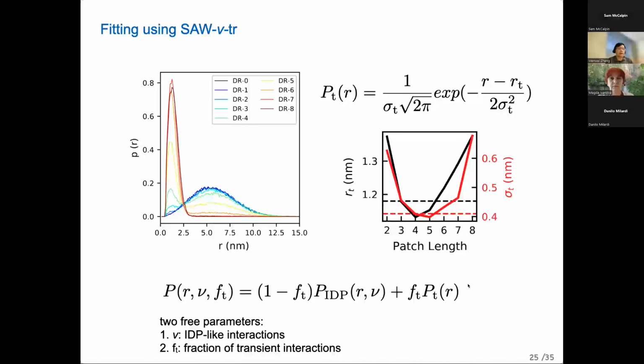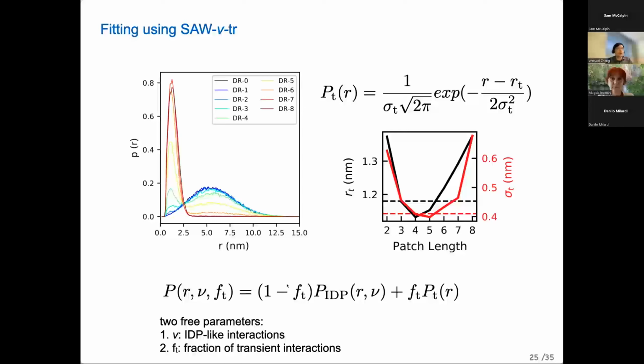Now we only have two free parameters. The first is nu, the scaling exponent that tells us how expanded the protein is, that is, the distribution of the excluded volume or all different types of weak IDP-like interactions. The second is Ft, the fraction of transient interactions. It tells us how important the transient interactions are in the model.